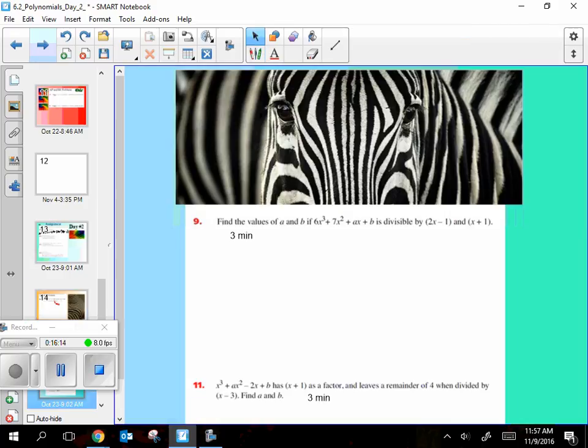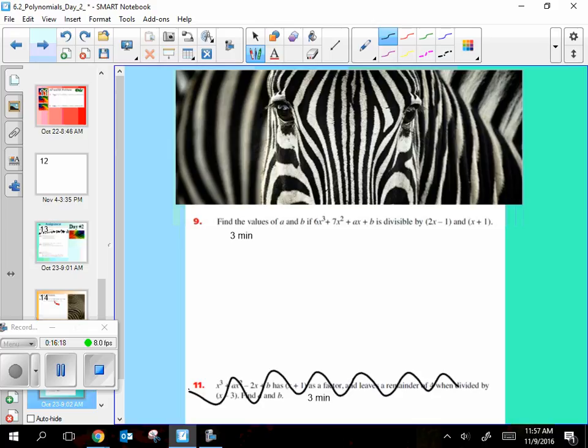And this one adds a little bit of a challenge. We are skipping the last one, number 11. But this one adds a little challenge, and I'll just give you this hint. There's 2 variables you have to solve for, and you can't do 2 variables unless you have 2 separate equations.